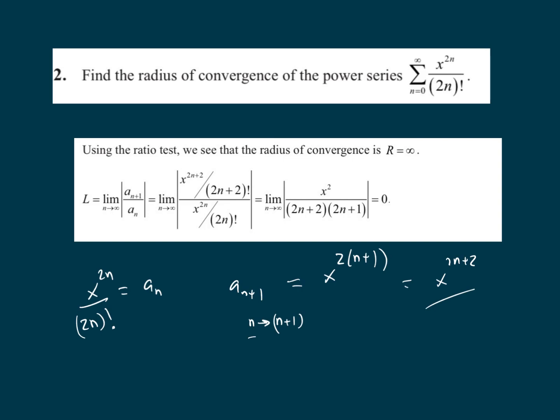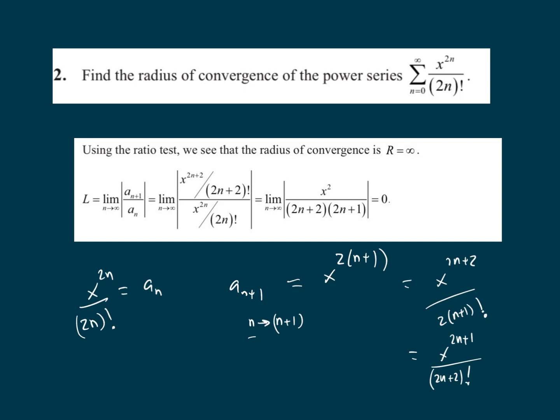We change n to n plus 1, so it will be 2 multiplied by n plus 1 factorial. So it will be x to the 2n plus 2 divided by 2n plus 2 factorial.